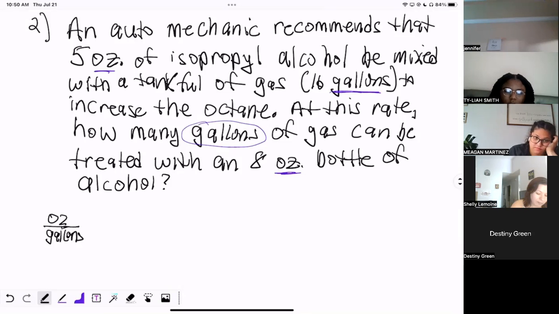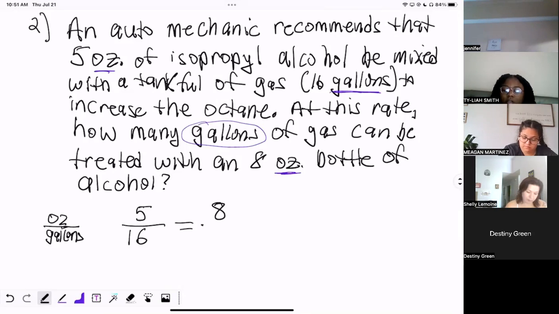The biggest thing is that once you decide what's in the numerator and denominator, you keep it the same. So 5 ounces of alcohol for 16 gallons of gas equals 8 ounces of alcohol for how much gas.